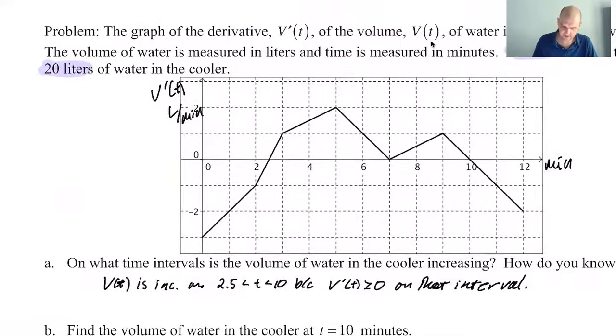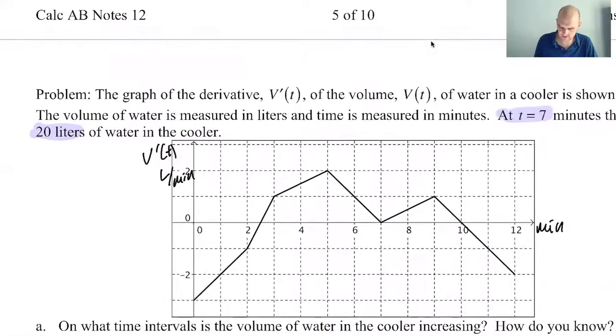All right, so what do we know? We know that at t equals 7, there's 20 liters. And then we also know that we add some, right? Because if I do the integral of v prime of t dt, that's going to be liters per minute times minutes. That's liters. That's like my displacement, how much water has been displaced in that amount of time in liters.